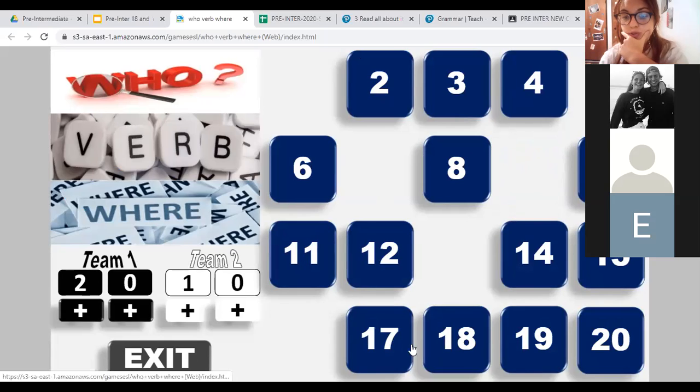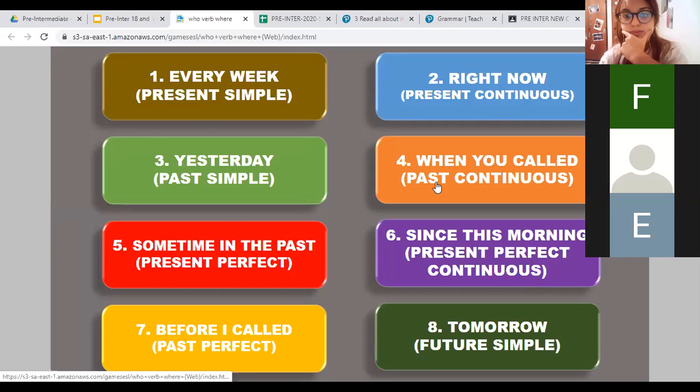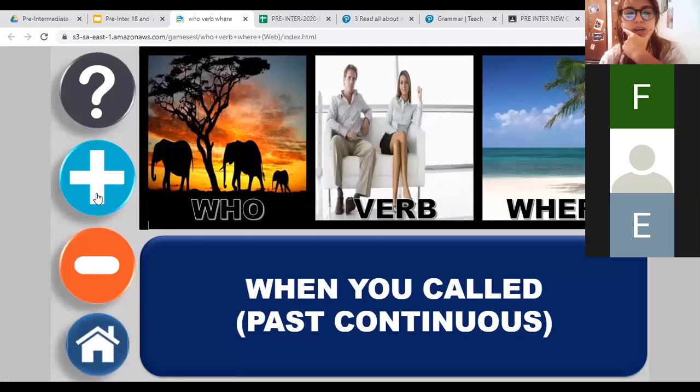20. Okay, pick a present simple or past continuous. Past continuous. Good. Make a question.